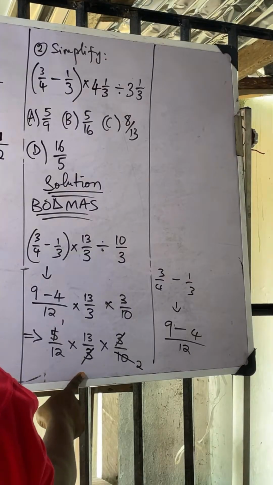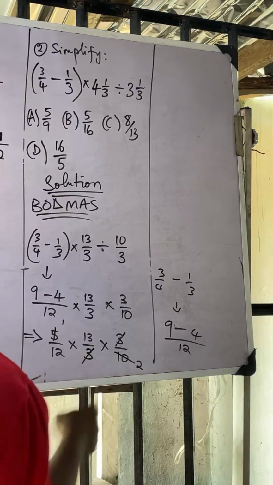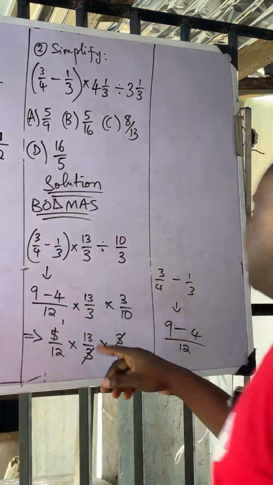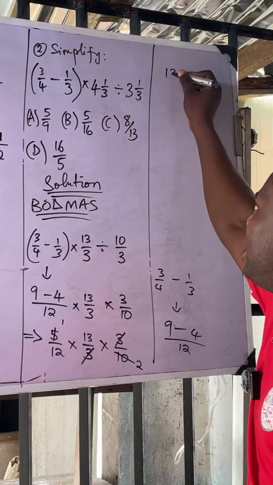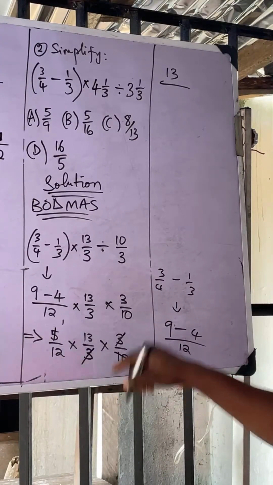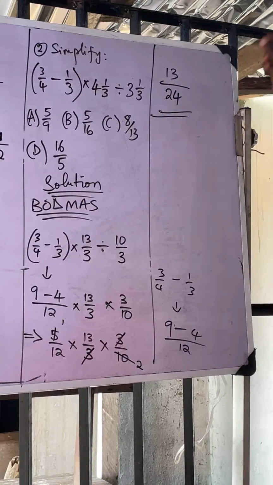This against this, and 5 against this is 2. So what you should be having is 13 over 12 times 2, which is 24.